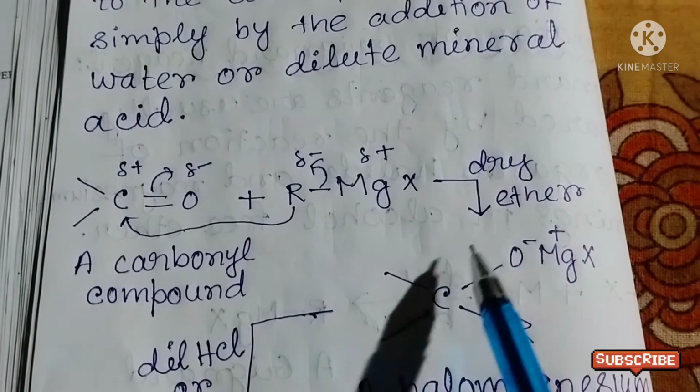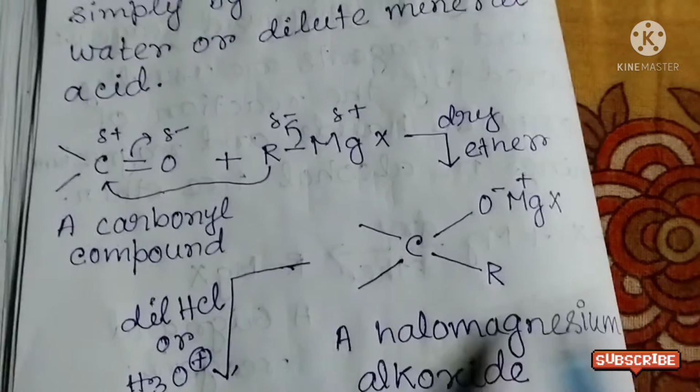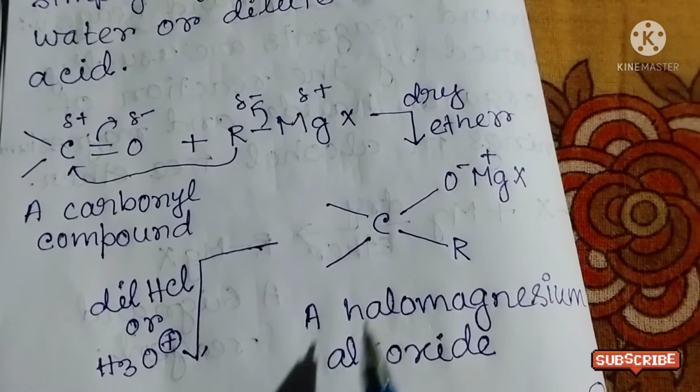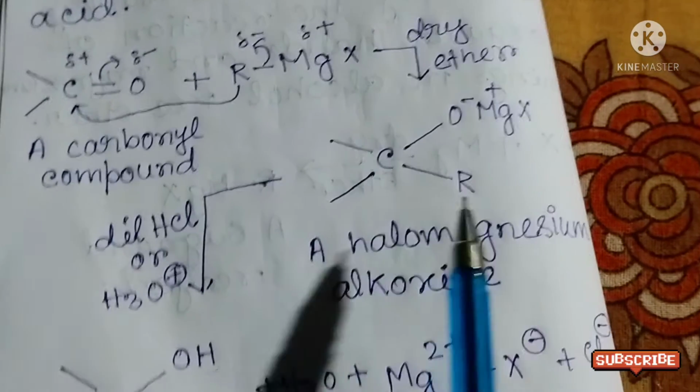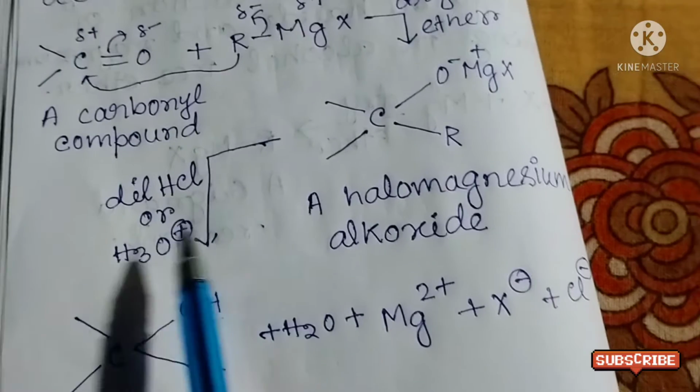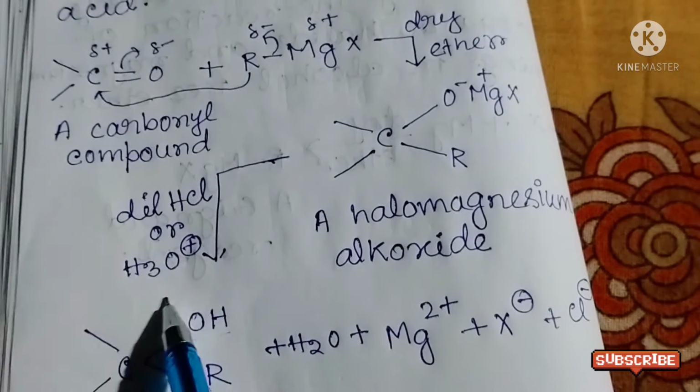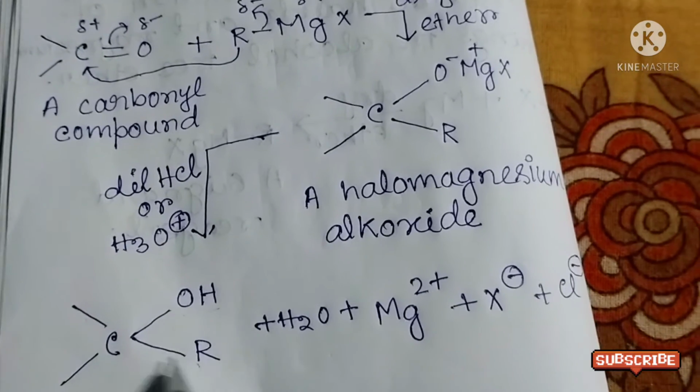And in the presence of diethyl ether, we get this halomagnesium alkoxide. And when we treat this halomagnesium alkoxide with dilute HCl or water, we get this compound.